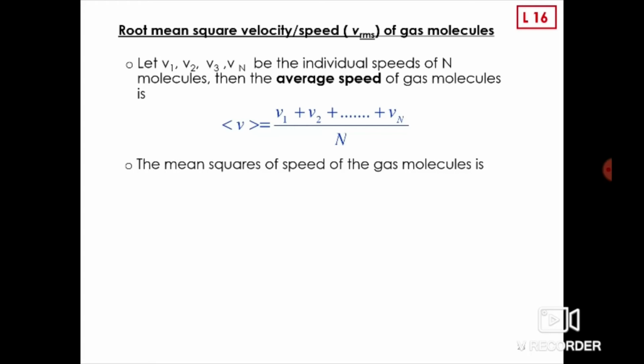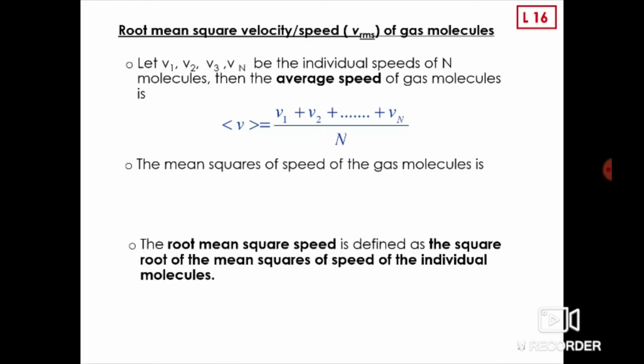Okay, after that the mean square speed of the gas molecule. So we get V square equal to V1 square plus V2 square plus V3 square, then we divide by n. That is the mean square of speed. Next, let's look at the root mean square speed.